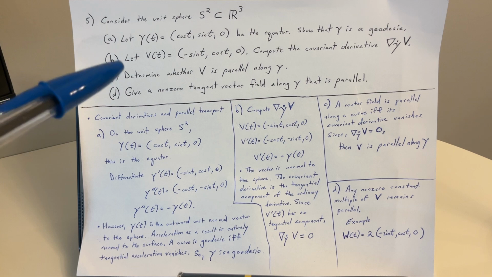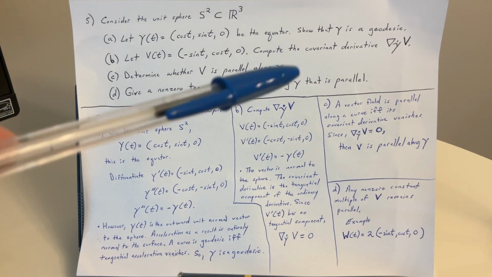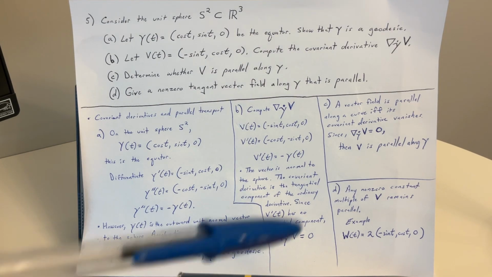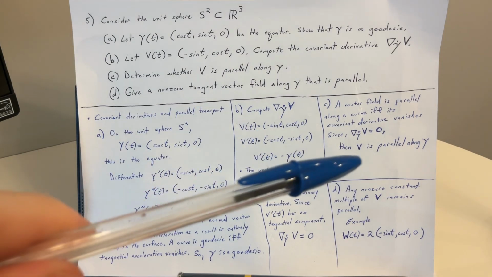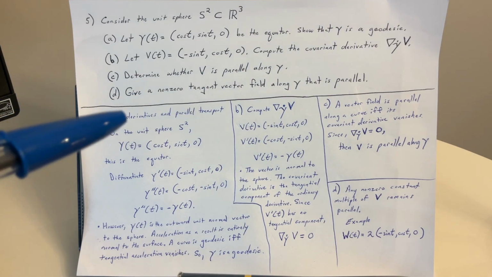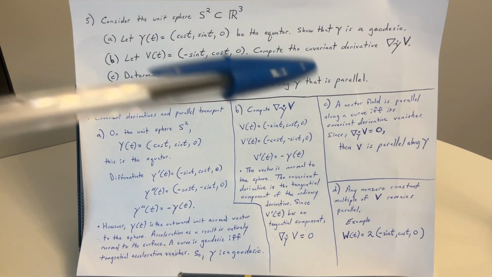Okay. Letter C, determine whether v is parallel along gamma. A vector field is parallel along a curve if and only if its covariant derivative vanishes. Since the covariant derivative is 0, we could say that v is parallel along gamma. And for part D, give a non-zero tangent vector field along gamma that is parallel.